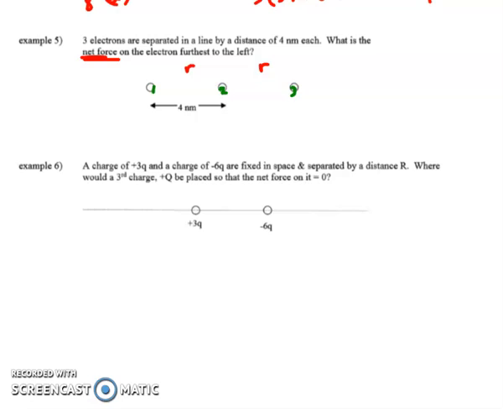So if I were to draw a force diagram on electron number 1, I would have a force here, and I would call that the force on 1 due to 3. I did 3 because it's small, it's far away, and then I'd have a bigger one, F1 due to 2. And I determine those arrows because we know that like charges repel.